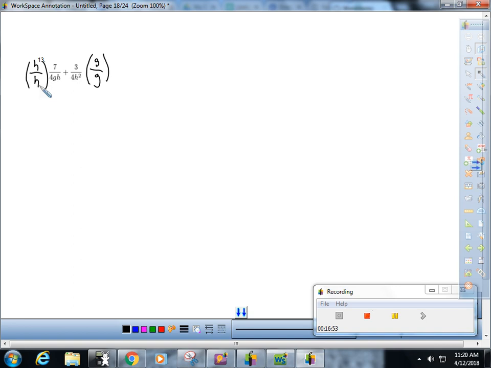And did we do anything to change the outcome of this problem? We did not, because all we did was multiply by 1. So you get 7h over 4gh squared plus 3g over 4gh squared.